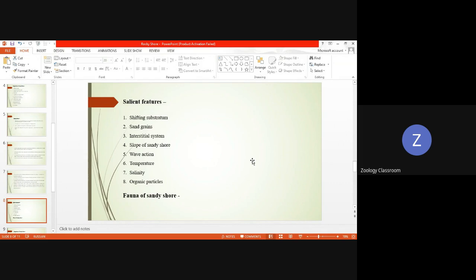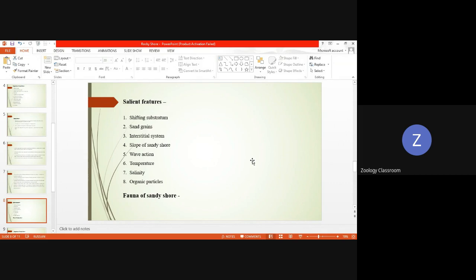When sand grains are fine, the interstitial space is also small. The sand grain retains water in interstitial system by capillary action, and such water is called as interstitial water, which contains marine animals forming interstitial fauna. अशाही बारीक बारीक जागेचा फायदा घेणारे सुद्धा ॲनिमल्स असतात.